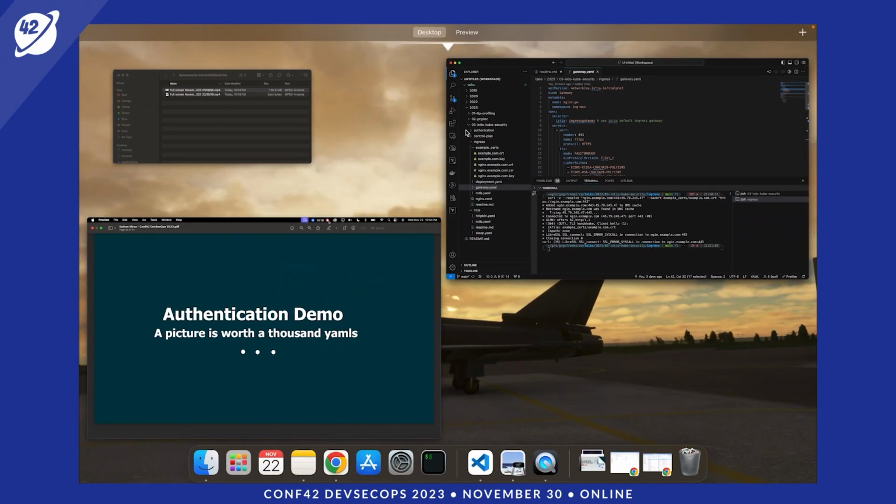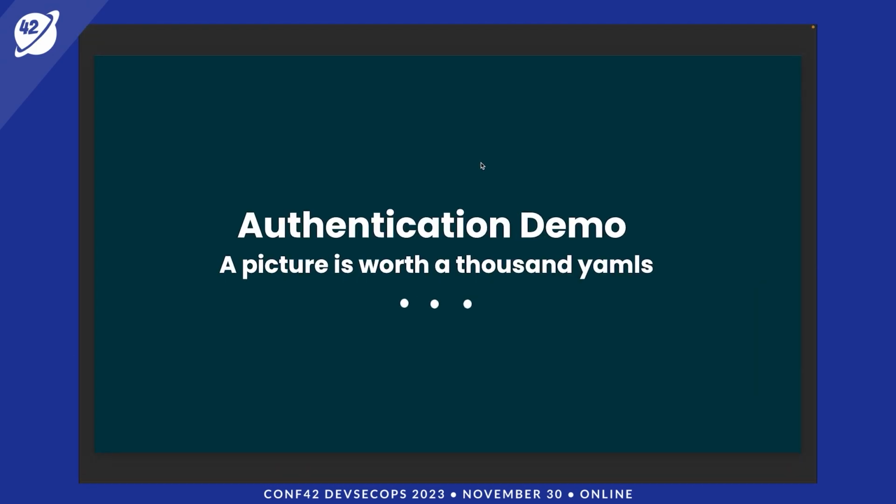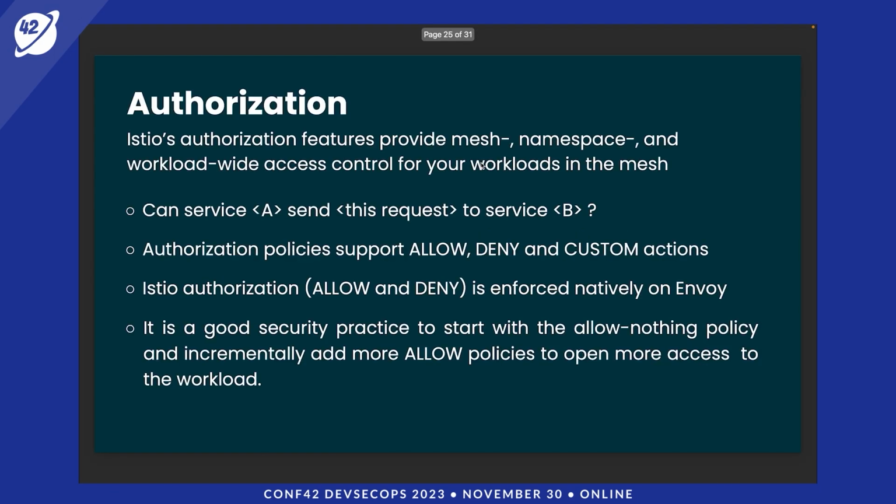All right, let's go back. So far we have seen how we can protect the traffic within our cluster, and how to securely expose our application to the outside world. The third part is how any other application can try to access any other application.